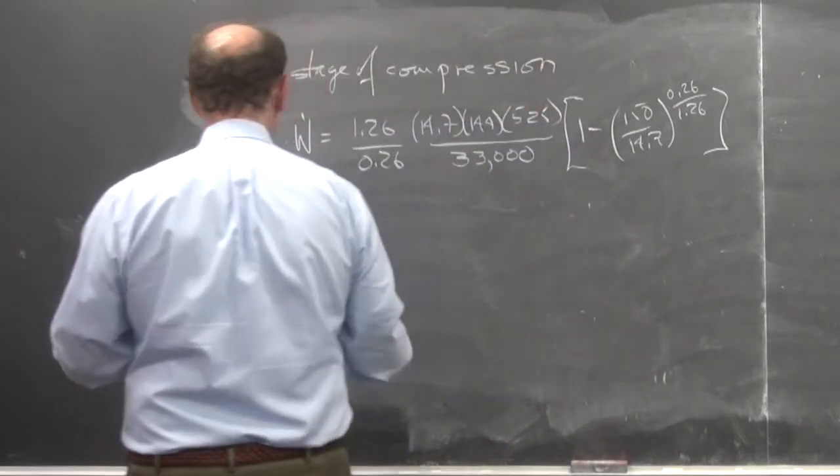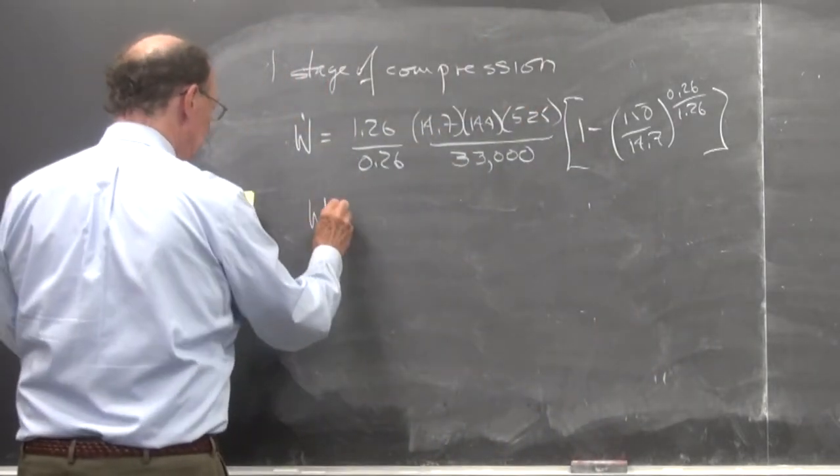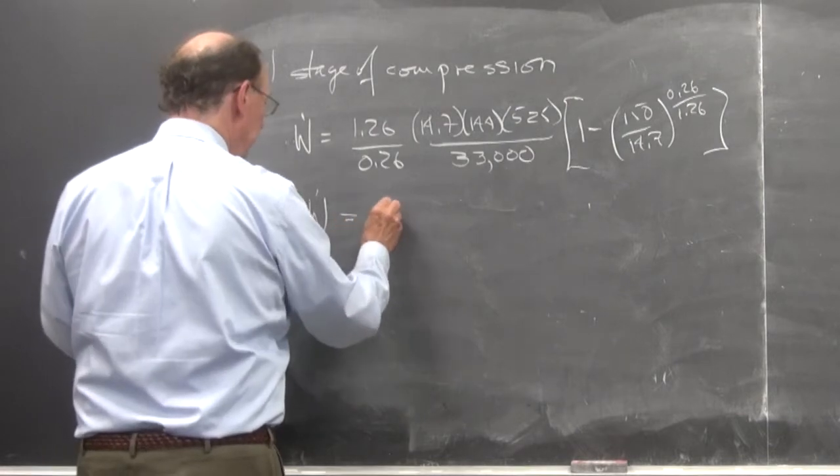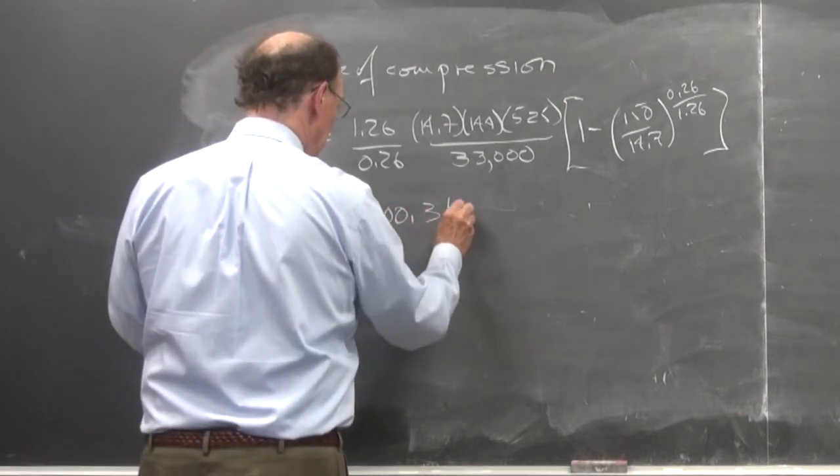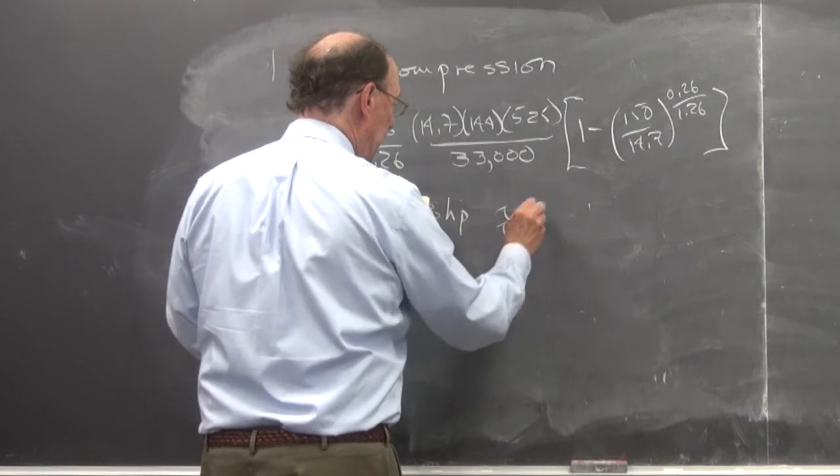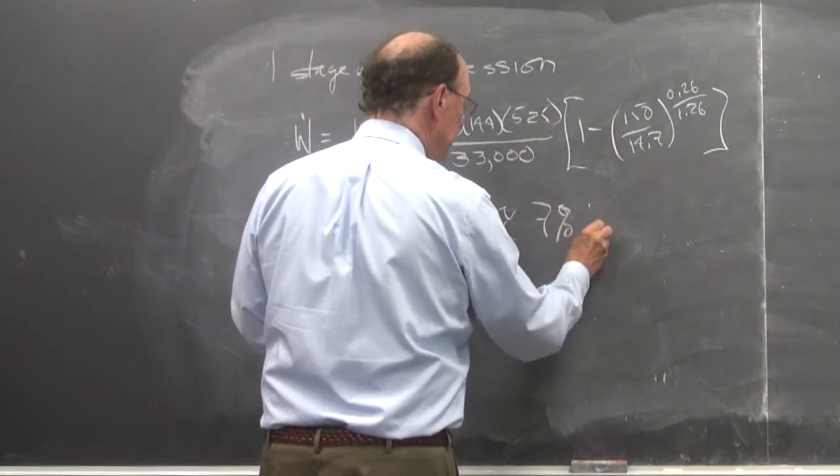If I solve for that, W dot is equal to 100.3 horsepower, or about a 7% increase.